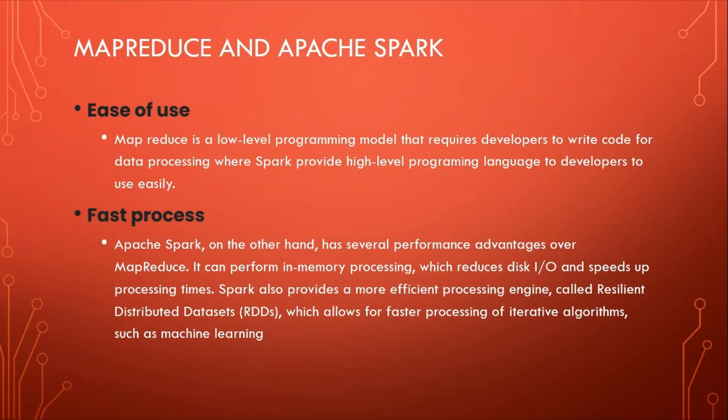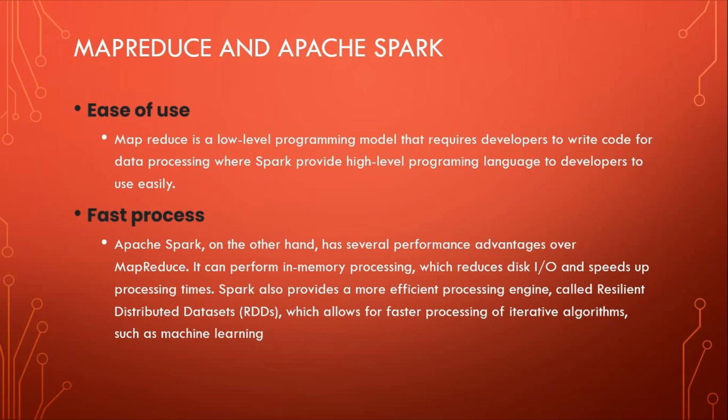Let's see a couple of comparisons between MapReduce and Apache Spark. From the ease of use, MapReduce usually provides a low-level programming language where developers need to write some code in data processing to get some data, but Spark provides high-level programming languages which make it easy for developers to extract and understand.